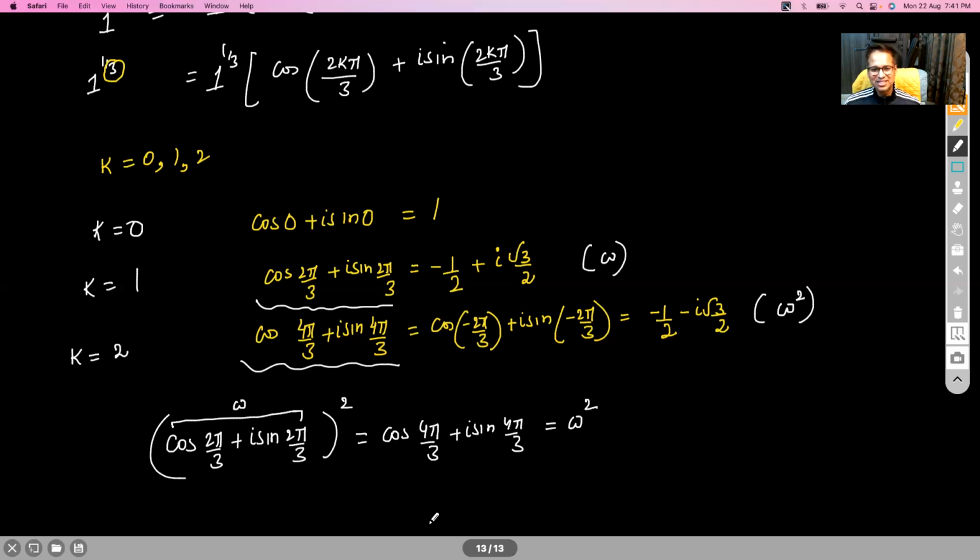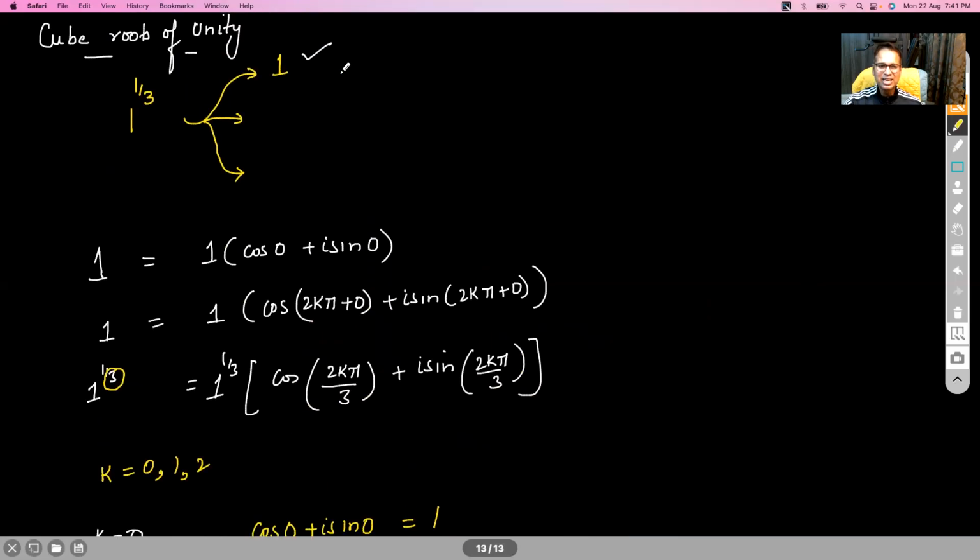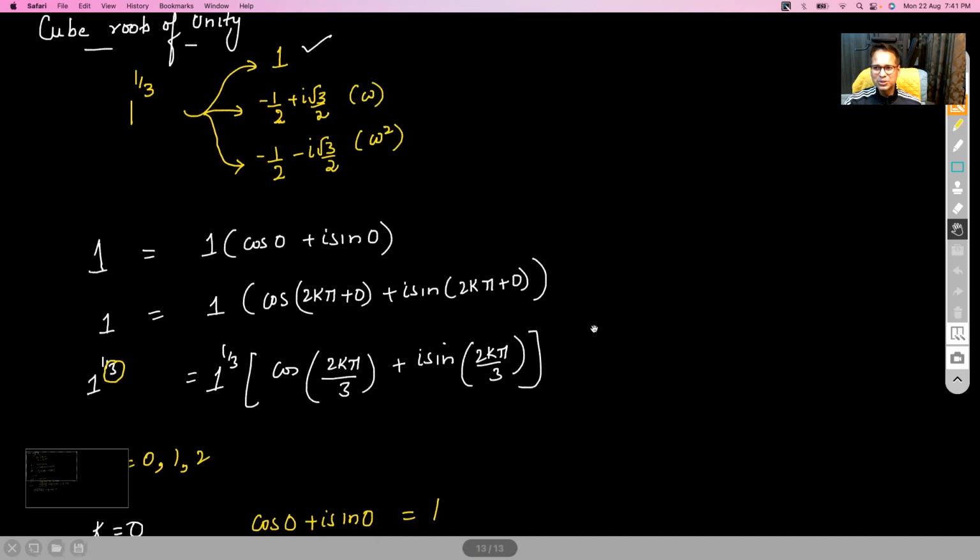Got it? So completing the result over here, one of them is definitely 1, but the other two, which were not known to you till today, are minus half plus I root 3 by 2, which is commonly known as omega, and minus half minus I root 3 by 2, which is known as the square of omega. Okay, I know some questions will be running in your mind, but we will answer those in some time.